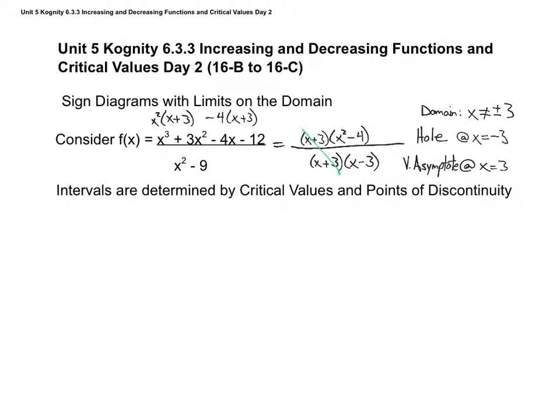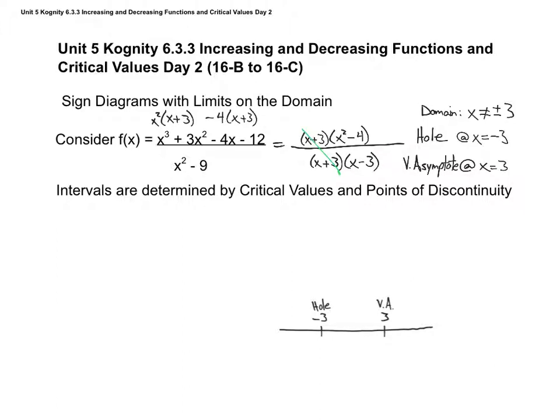Now, if I'm doing my sign diagram, I need to put negative 3 and positive 3 on there, because holes and asymptotes can impact the shape of our graph. But I need to make sure I note what those are. This is a hole, and this is a vertical asymptote.